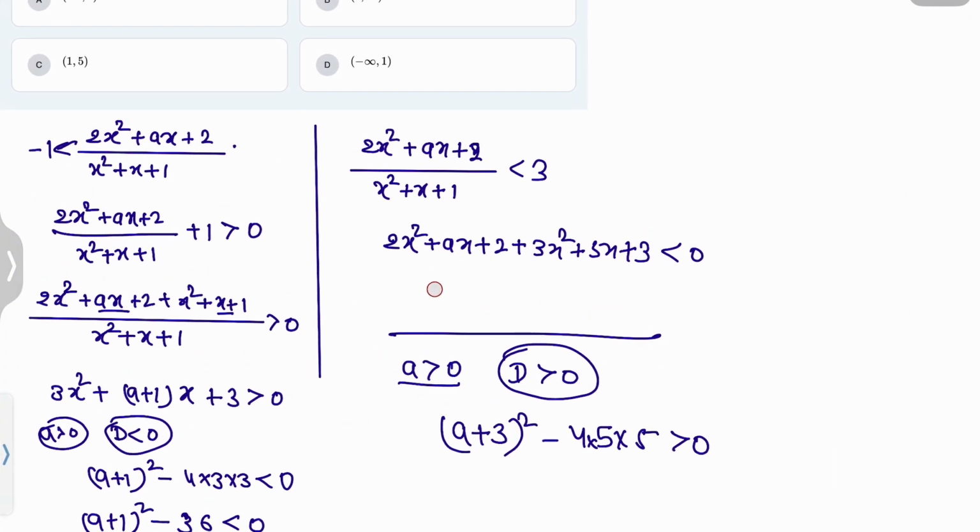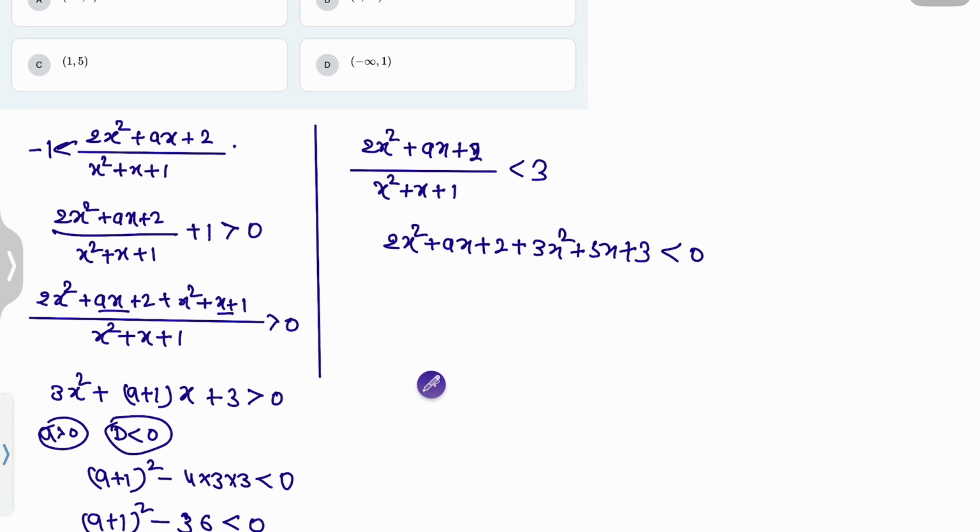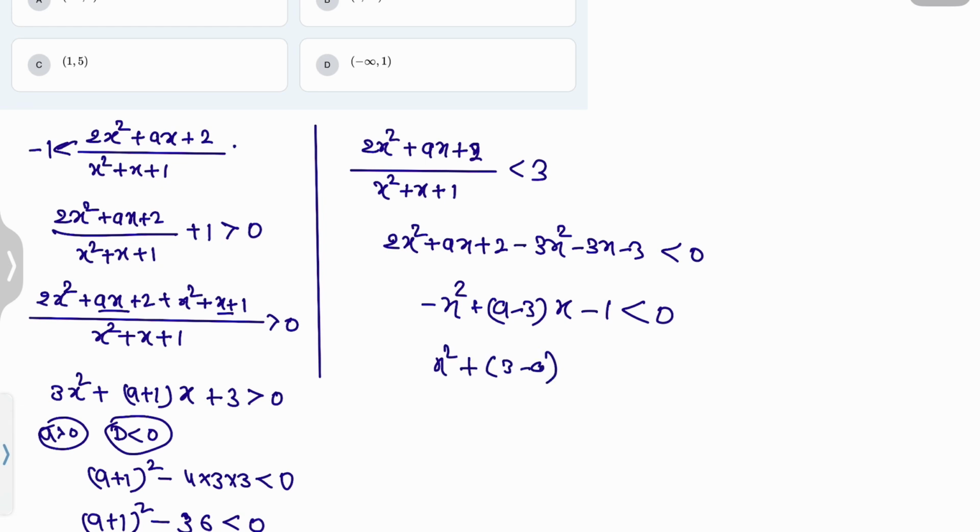So all the signs change to negative, just this one changes, sorry to say. So 3x square minus 3x minus 3, right? And after that minus x square minus (a minus 3) x minus 1 less than 0. Okay, you can convert to x square plus (3 minus a) x plus 1 greater than 0, you can convert like this.